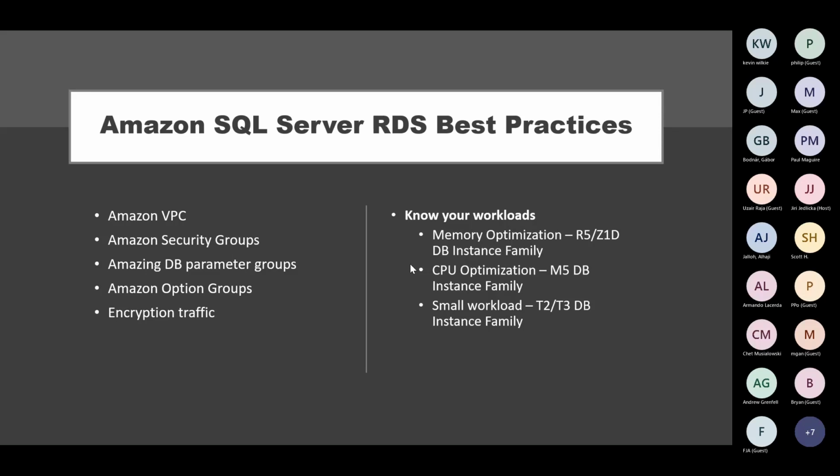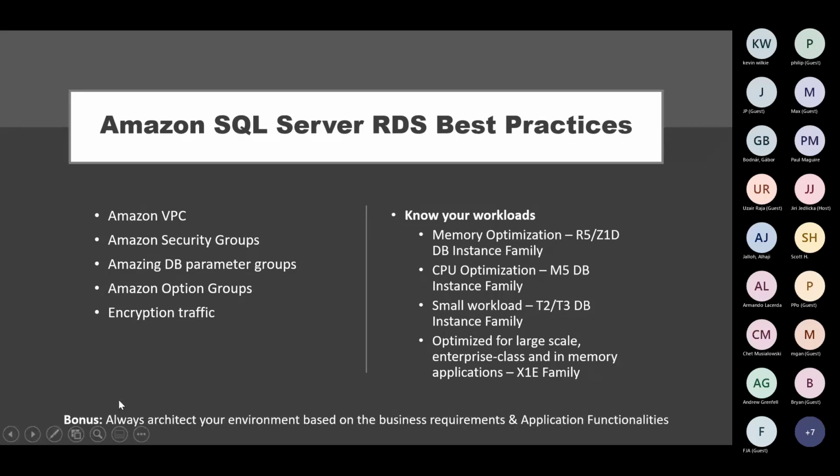If your environment is very small, you can keep the T1 and C3 DB families. But if you have a large enterprise-class database where you want to optimize for CPU and memory, that's when you have to think of the X1E family. Okay, guys. And then what else?